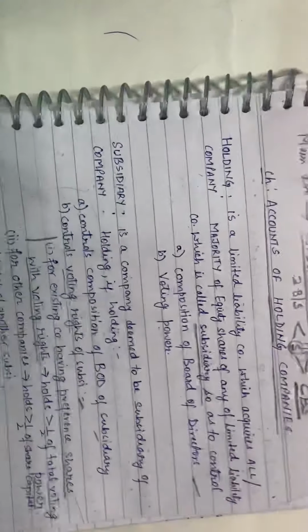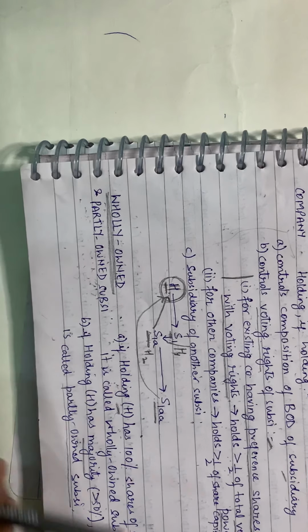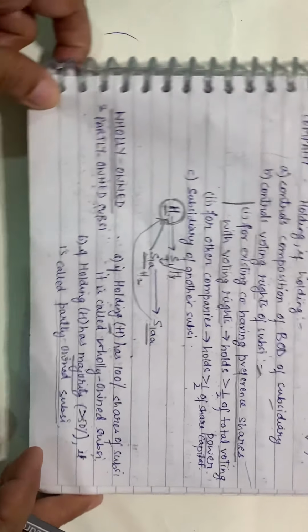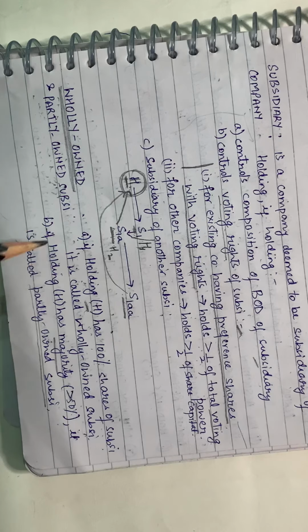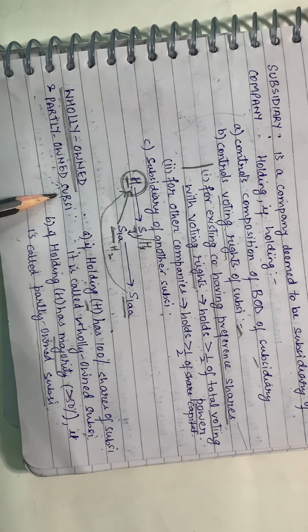Now, to start with, I will go back to the concept of the wholly owned and the partly owned subsidiary. We by now know what a holding company is, which is having a wholly owned subsidiary and partly owned subsidiary.